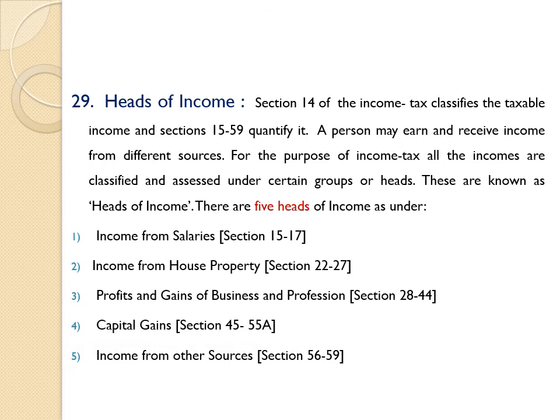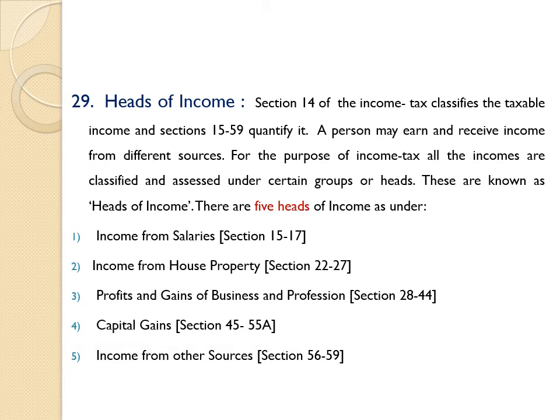The first head of income is income from salaries, sections 15 to 17. This is concerned with employed persons who get salary. The income of a salaried person is counted under the head income from salaries.